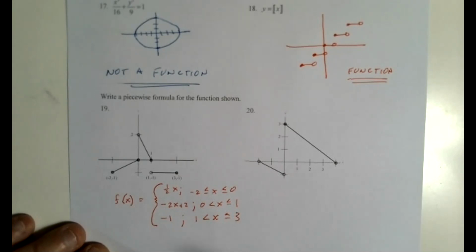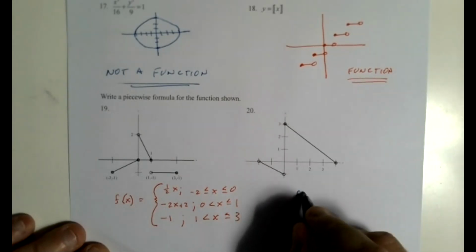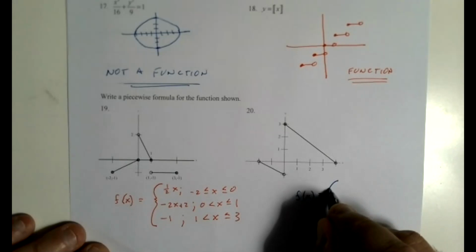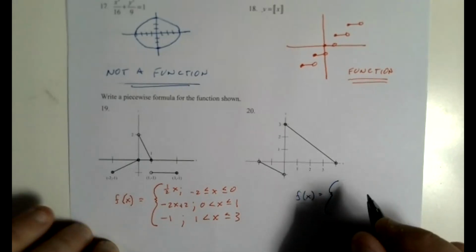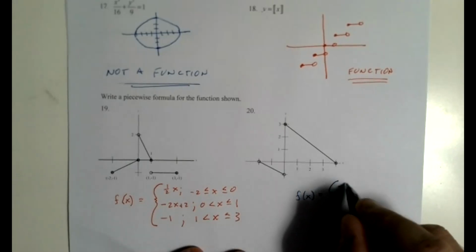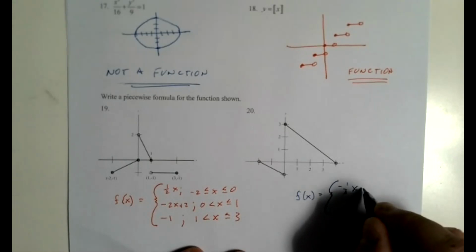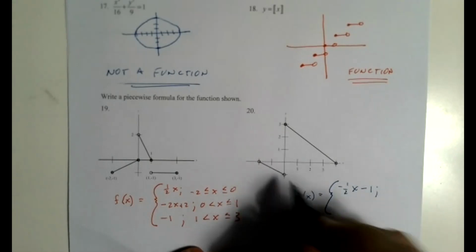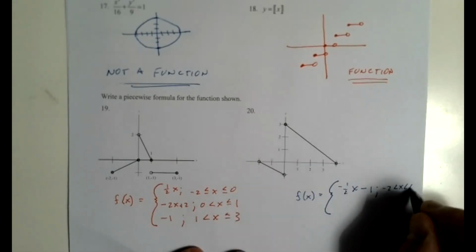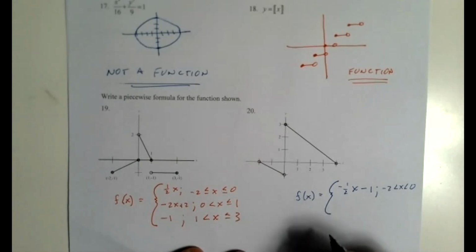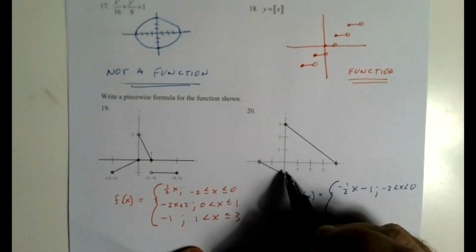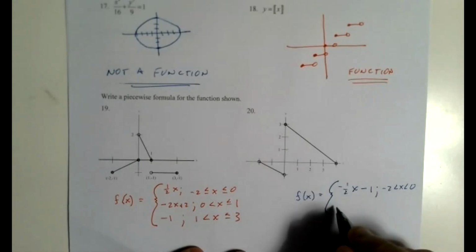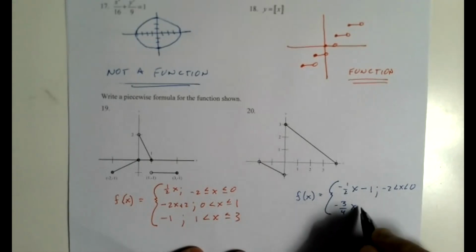Cool. And over here, we have f of x equals -1/2 x minus 1, -2, open dots, less than x less than 0, and then slope -3/4 plus 3, and I think they're closed.